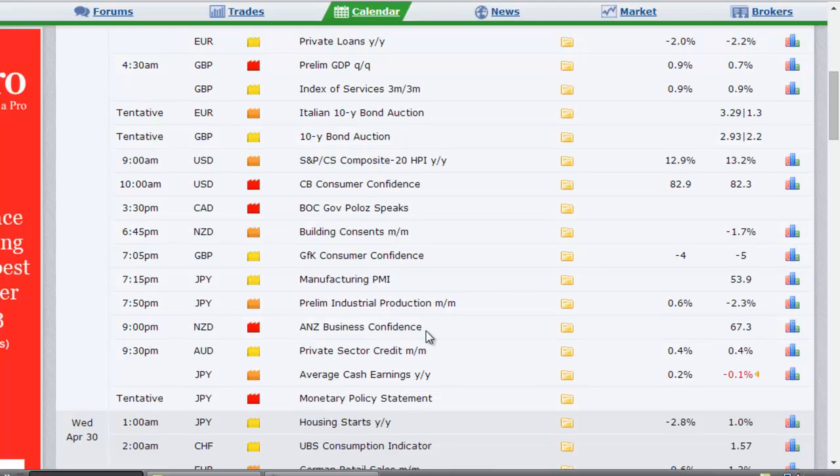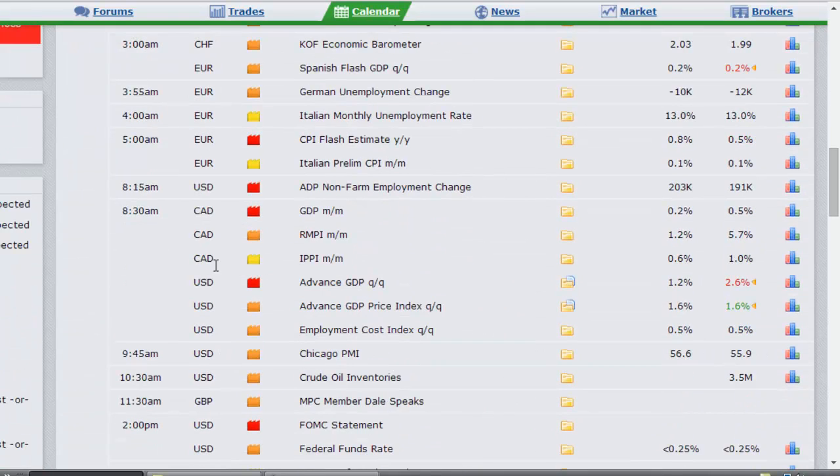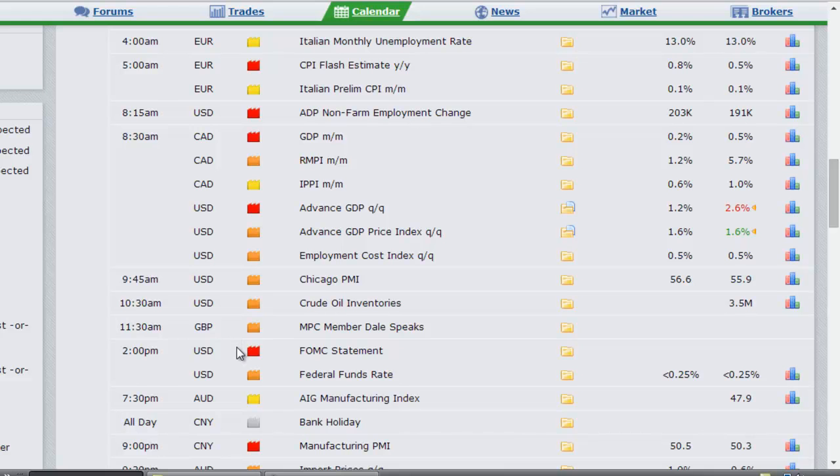This will have some impact on the Australian dollar, US dollar currency pair. 30 minutes later, at 2:30 a.m. London time, private sector credit. Okay, you see this is here, AUD, that's the Australian. But here we have New Zealand also. If you look down more, there are more data relating to the Australian dollar. And you want to know when they are due.